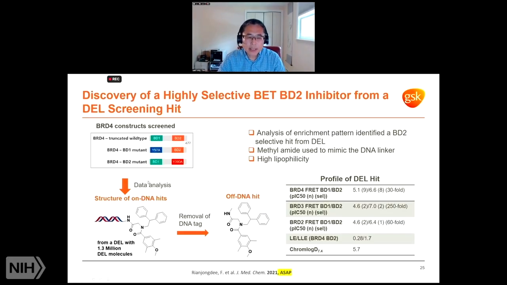After the selection and looking at the selection profile, we identified one series shown here from a 1.3 million DEL molecule library as potential BD2 selective hits. And after removing the DNA tag, this compound was made off DNA and confirmed to be indeed BD2 selective. It has a pIC50 of 6.4 against BD2 and 5.1 against BD1, overall 30-fold selectivity for BRD4.